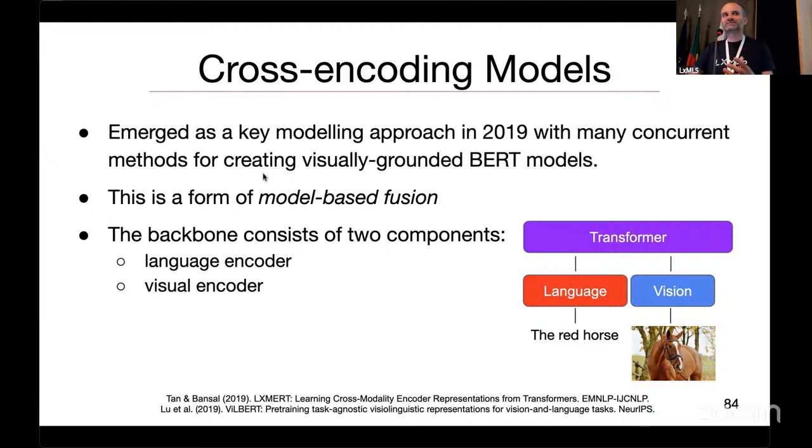These models consisted of two components: a language encoder and a vision encoder, and then a stack of transformer layers that were trained to fuse these different features together in the representational space. The two earliest papers I know on this are LXMERT and ViLBERT, but there are about 10 to 15 other papers with similar sounding names like VisualBERT, and they all try to solve the same types of problems.